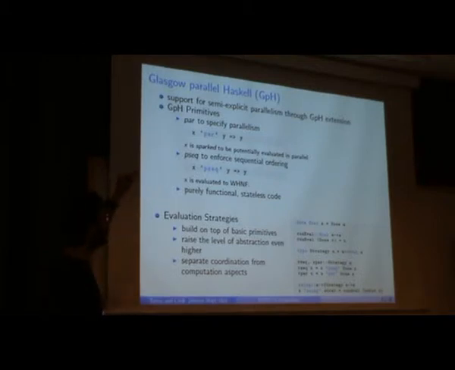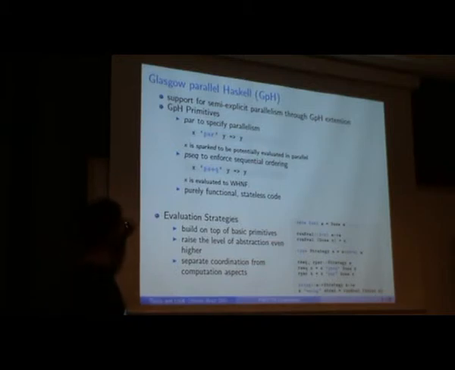A spark is basically a pointer to a computation which can potentially be evaluated in parallel, but it is up to the runtime system to decide whether it picks up that computation or not. Then we have pseq to enforce sequential ordering, which is required in order to arrange parallel computation, given there is no default evaluation order specified in Haskell.